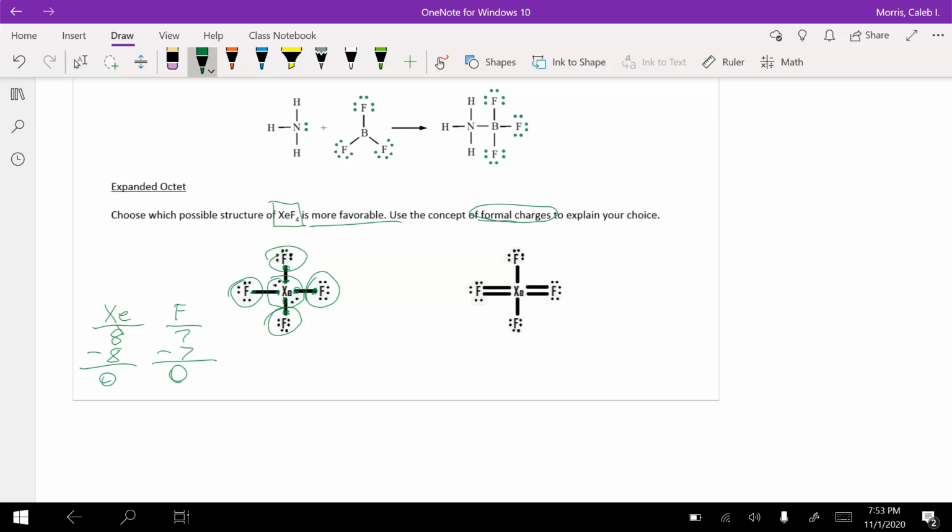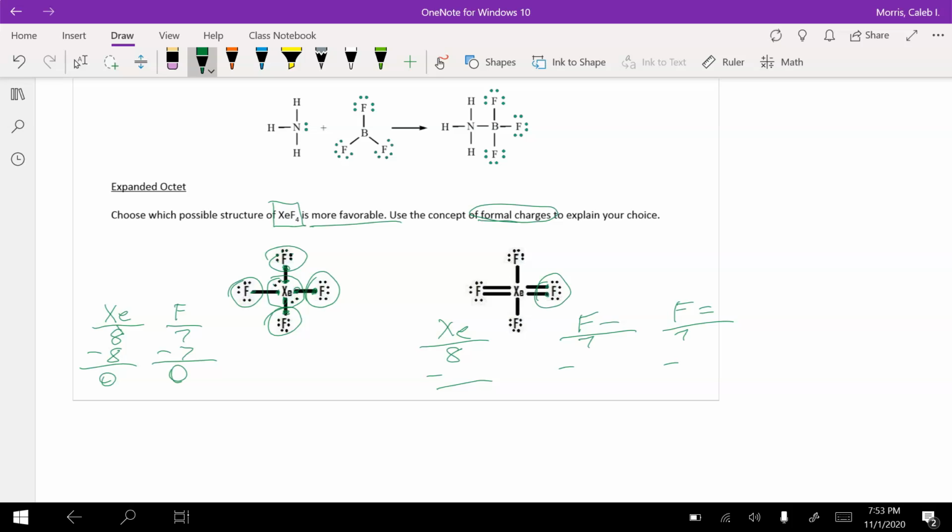Therefore, this is going to be the more favored. But let's go ahead and check the other one. Xe has 8 minus, we're going to find how many. Then we have F with a single bond, 7 minus some number. And then F with a double bond is going to be 7 minus some number. Let's circle them and find out what they are.